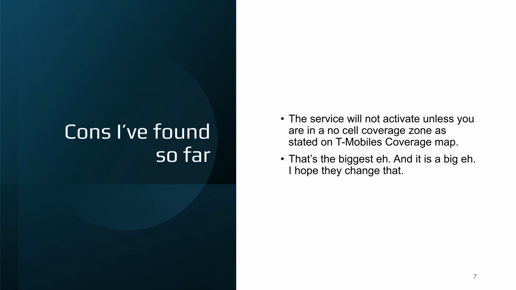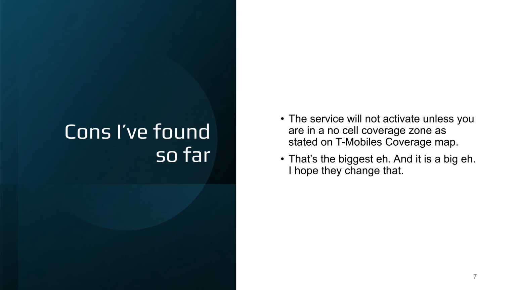All right, sounds good. Okay, so here's the biggest con I've found so far. This service doesn't actually activate on your phone. It's prioritized not to activate until your normal cell phone coverage says no service, and then the Starlink coverage kicks in. But the other thing is it doesn't activate until you are in a location on the map where T-Mobile says that there's no coverage.